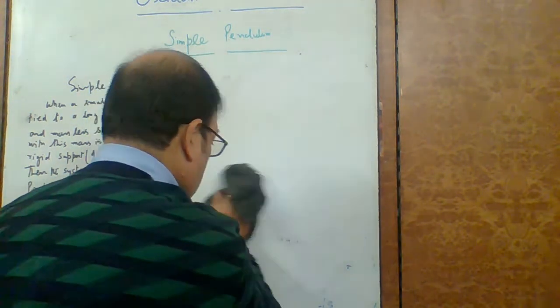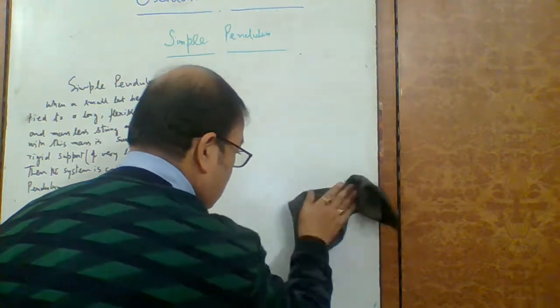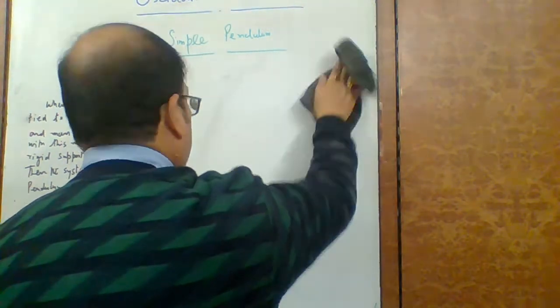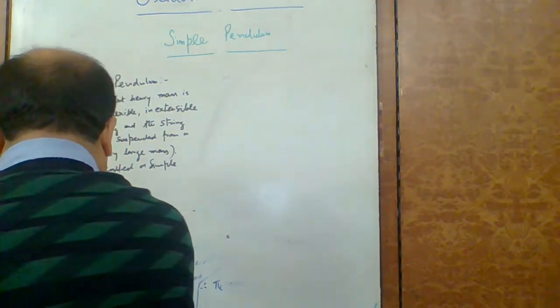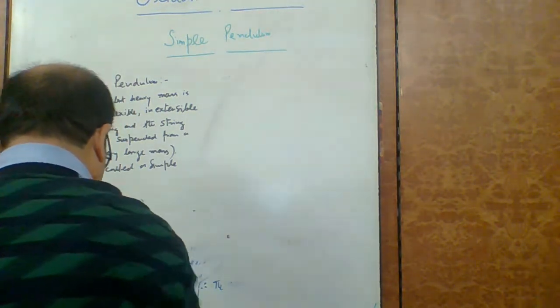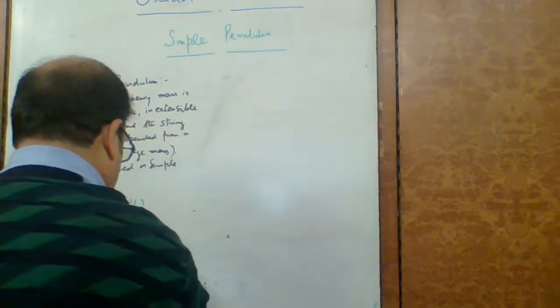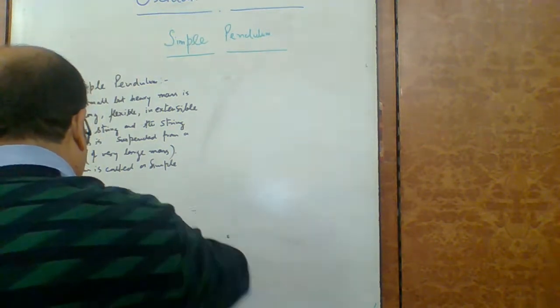When a pendulum has its periodic time 2 seconds, then we call it a seconds pendulum. I just mentioned that because that is part of your syllabus, including the practicals.